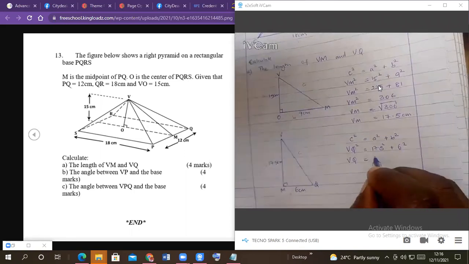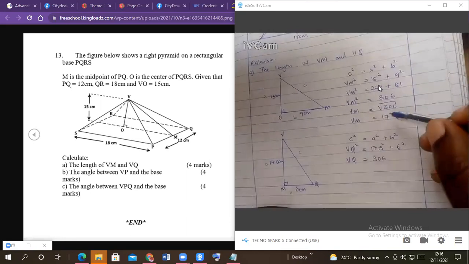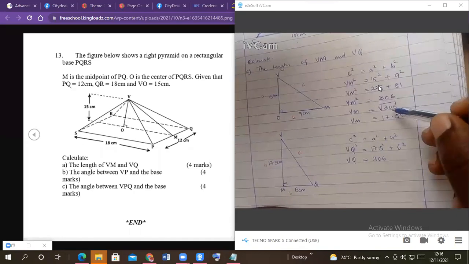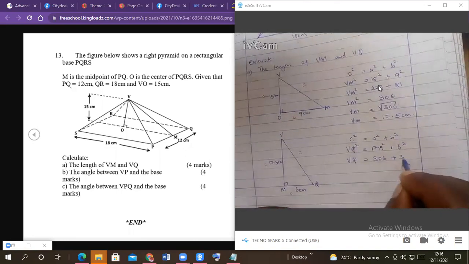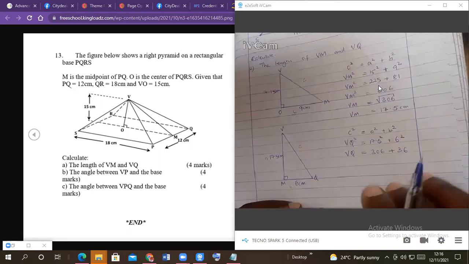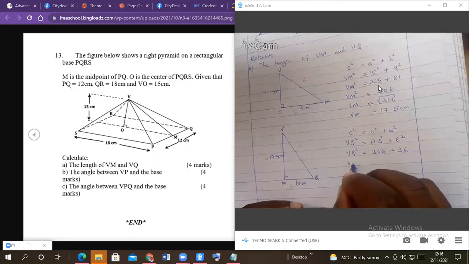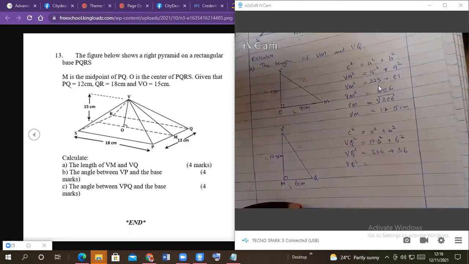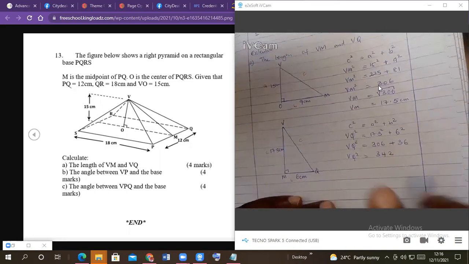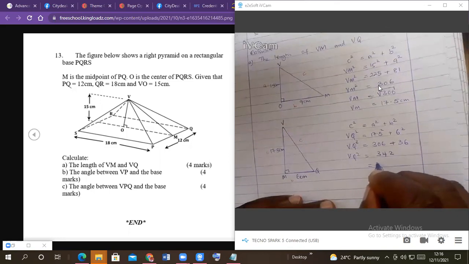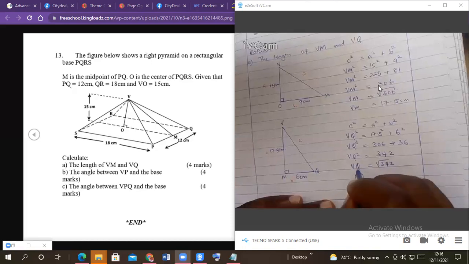17.5 squared I'll get 306, without fear or favor, because if this is the square root, then if you square it, you come back to 306. Then plus 36. So VQ squared equals 342. Then I find the square root of 342, which is equal to VQ.